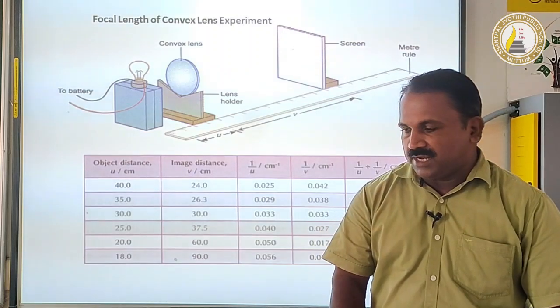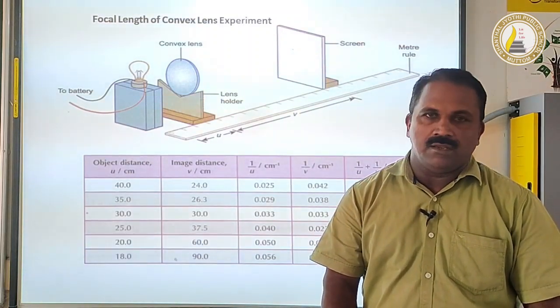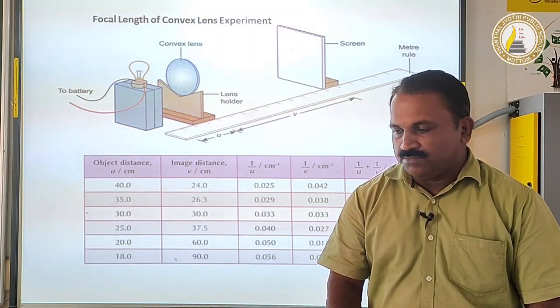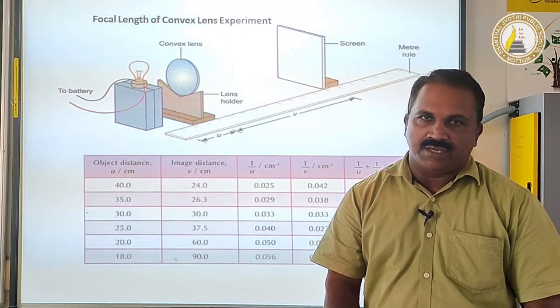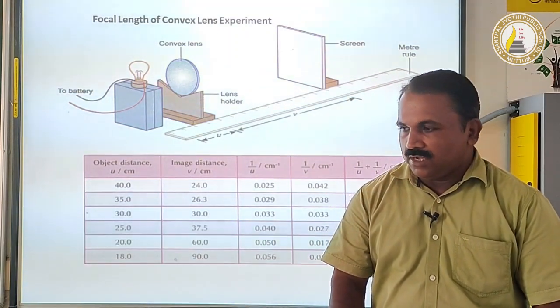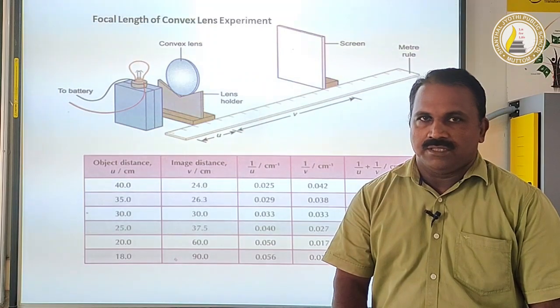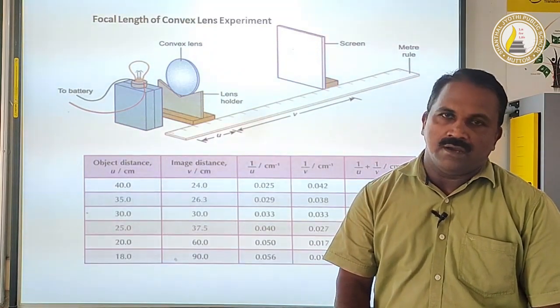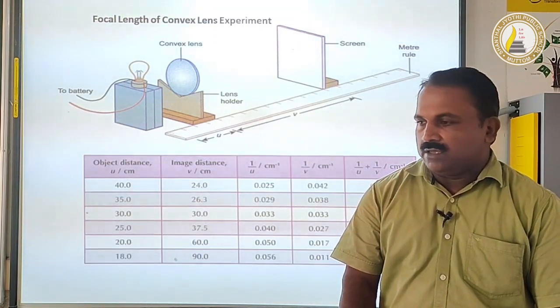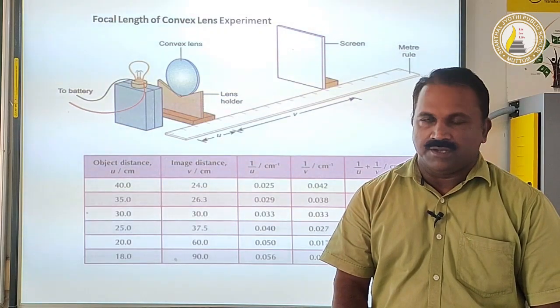By using a meter scale, we can find out this object distance and image distance. Then we have to get a clear image. Then using this formula we can calculate the focal length of the given lens.